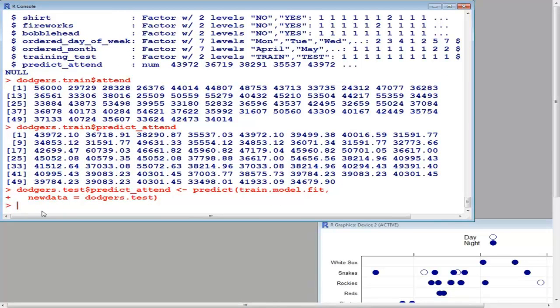Now, how do I see the results? How do I want to compare the actual to the predicted in the test set? I want to see both of them, the actual versus the predicted in the test set.